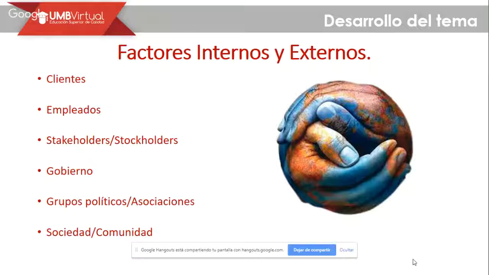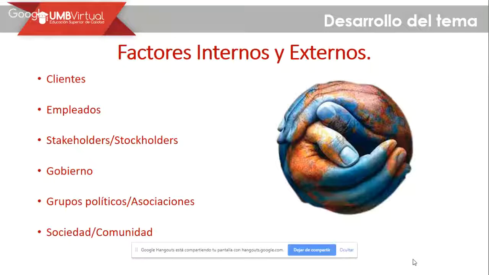Stakeholders and stockholders. There are two different, but very similar concepts. Stakeholders are everyone that has a stake or an interest in a company, which could be direct or indirect with what the company does.